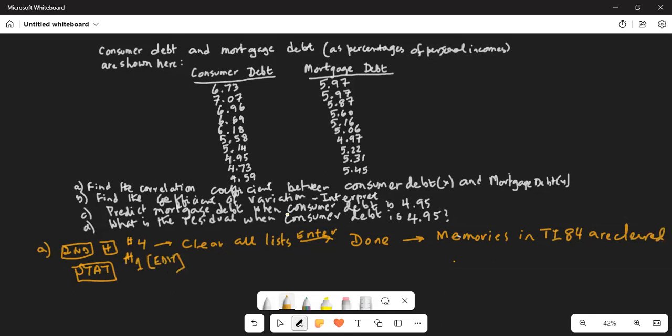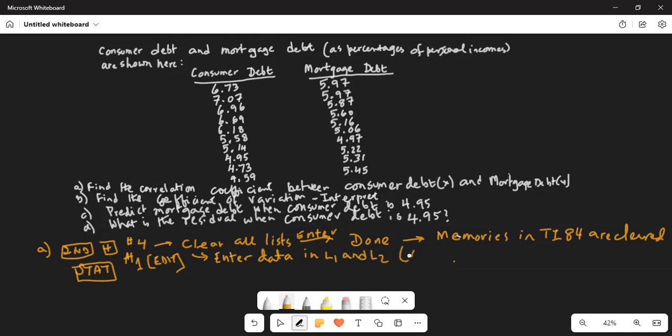And then enter data in L1, and also, of course, in L2.